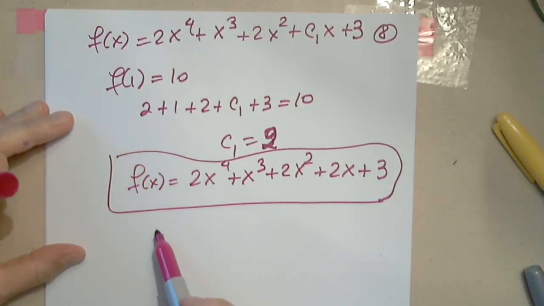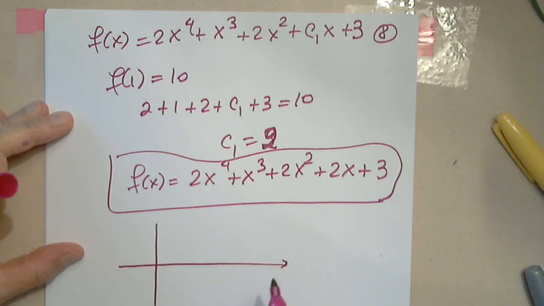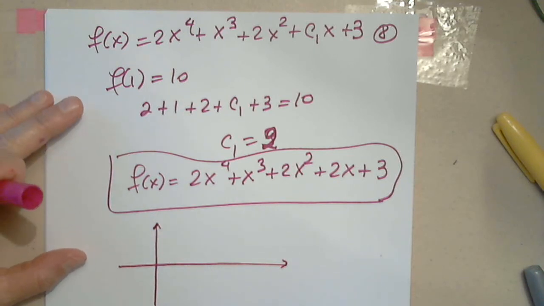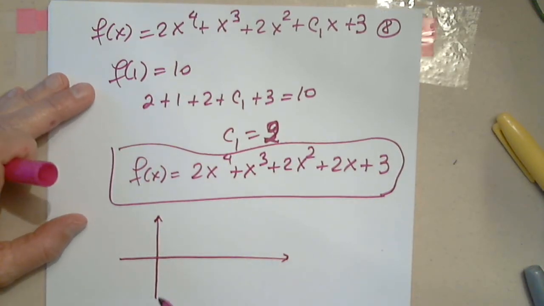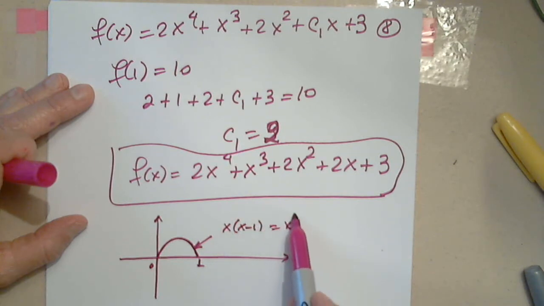Here's an example. Unfortunately, we are not going to get to this. This is in Calc 2. I love this part of Calc 2. So let's suppose I have a function, and it crosses at 0 and 1. So it's x times x minus 1, which is x squared minus x. It's a quadratic function.